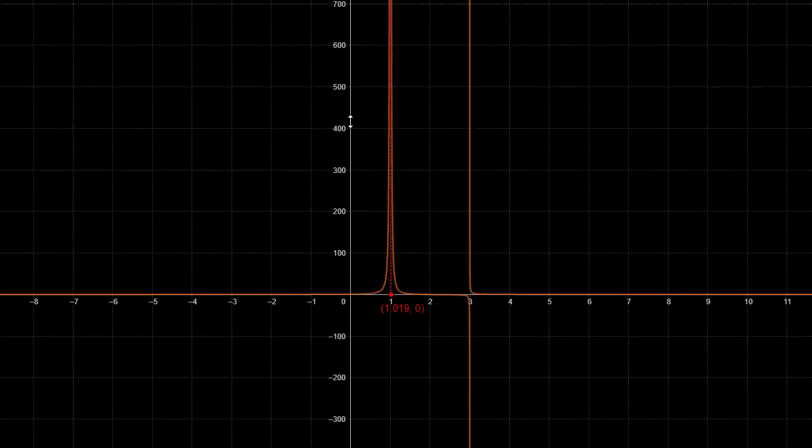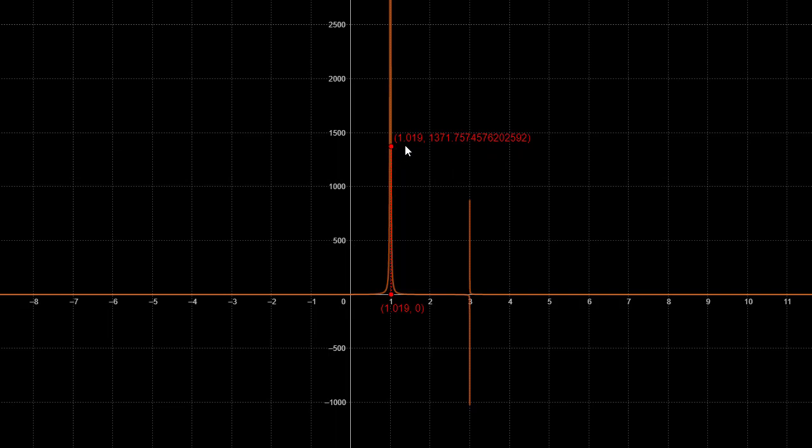Here we are at 1.019. We're at 1371. And as I've zoomed out, you can basically see the blow up here. Now you'll notice the way that this is graphed, if this is what your calculator gave you, say if you were using a graphing calculator, you'll see this behavior a lot, where it doesn't really show.